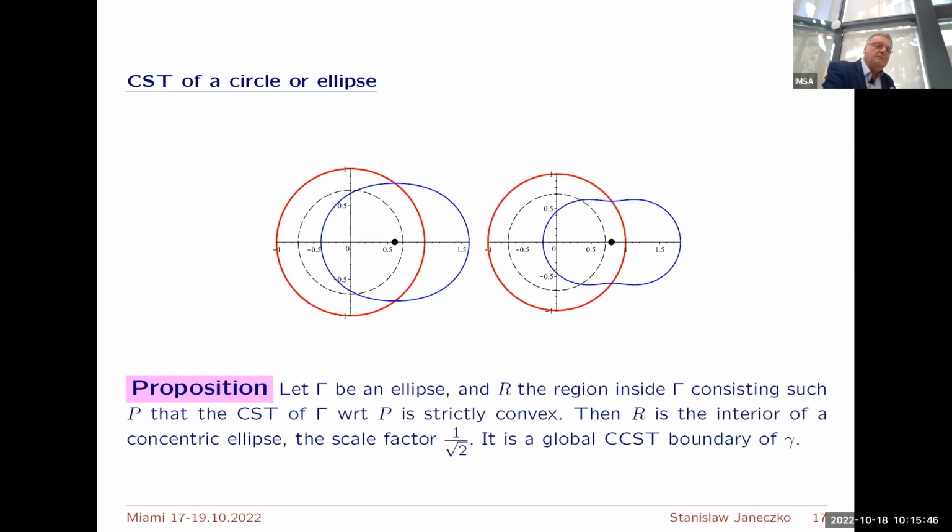So if you are closer to the boundary of the circle, then you have non-convex, as you see on the right picture. And this is easy to calculate, and again 1 over square root 2 appears. This is very interesting. So there is a whole infinite family of circles. If you have one circle, you have a family of circles. If you have one object, you have a family of objects.